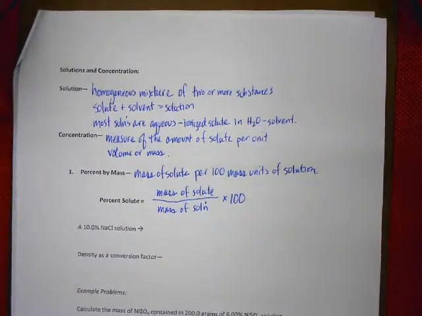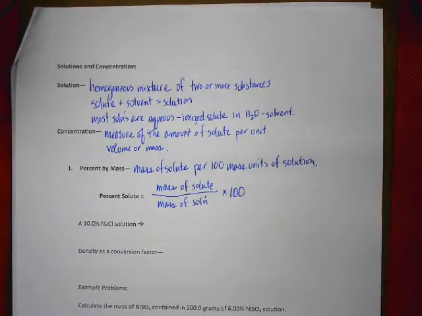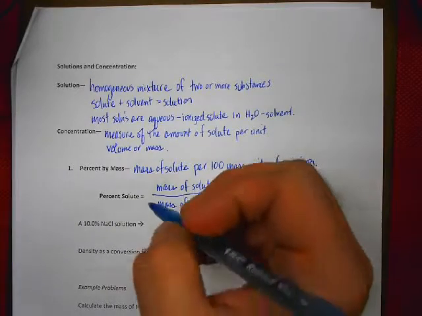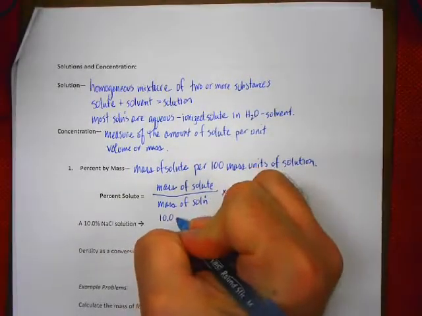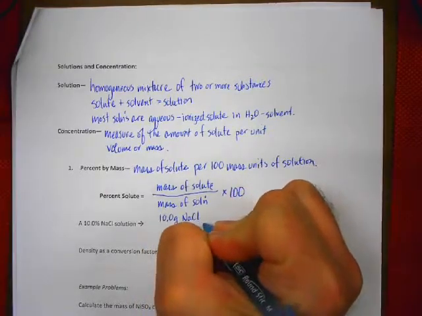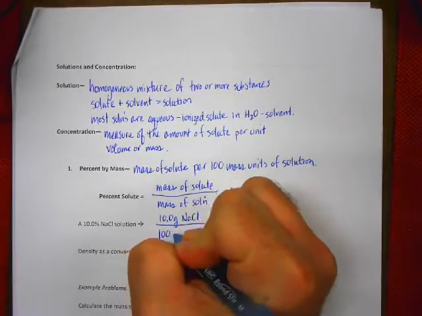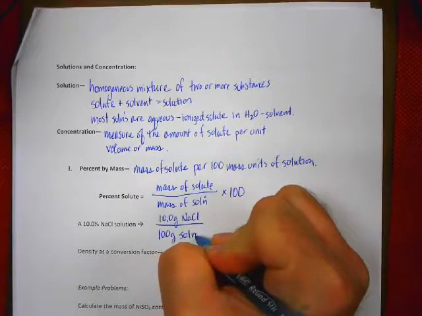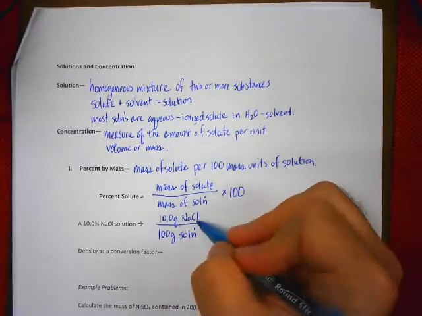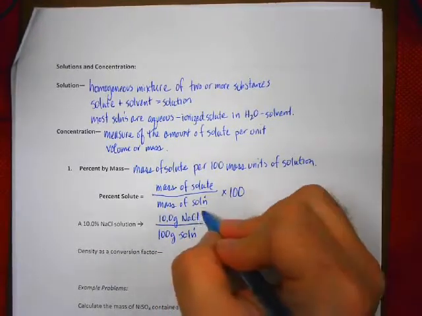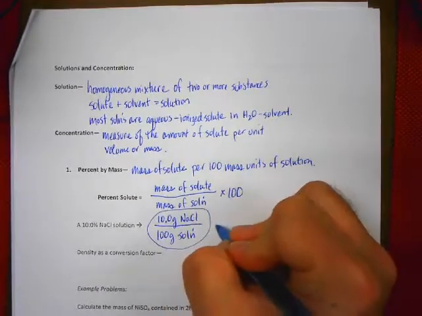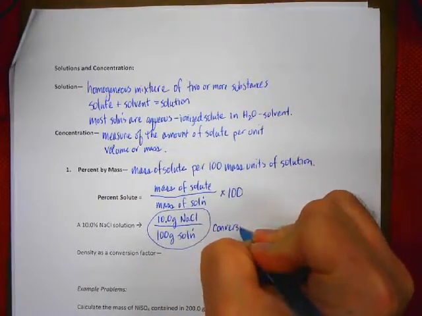So if we have a 10.0% NaCl solution, that means that we have 10.0 grams of NaCl per 100 grams of solution. Now, as you can see, the way that I wrote this, we can use this whole thing as a conversion factor.